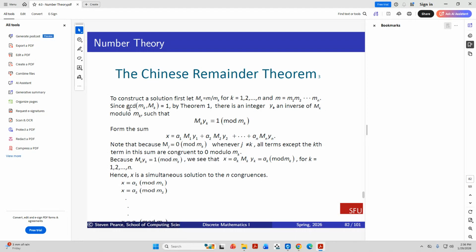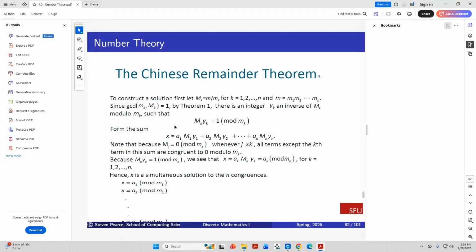Since the greatest common divisor of m sub k and big M sub k is equal to 1, by theorem 1, there is an integer y sub k, which is an inverse of big M sub k modulo little m sub k, such that big M sub k times this integer y sub k, an inverse, is congruent to 1 modulo m sub k.